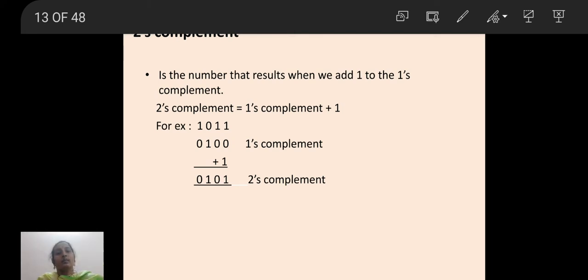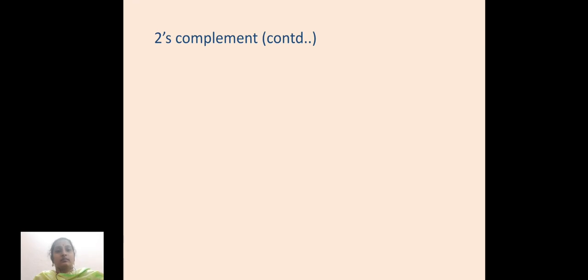So 1's complement plus 1 is equal to 2's complement. Here in the example, 1011 is initially changed to 0 1 0 0. Then afterwards we add 1 to the 1's complement number. Finally we are getting the 2's complement of that particular number. Is it clear? Okay.